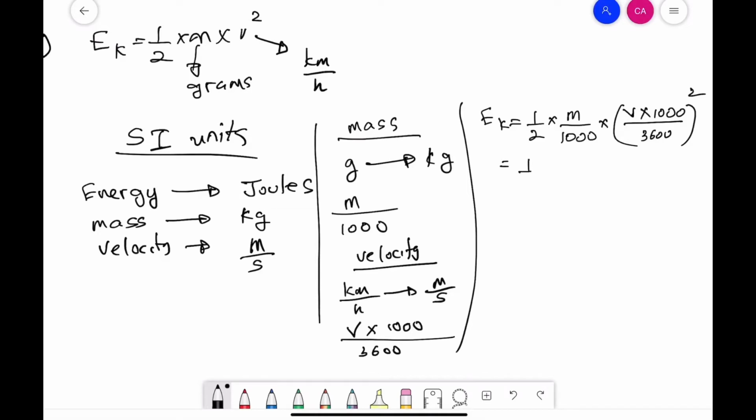Now if we simplify the factors, I'm going to write V first and then the factors: 1000 squared over 3600 squared, and we can cancel off the 1000 with the 1000 on top.